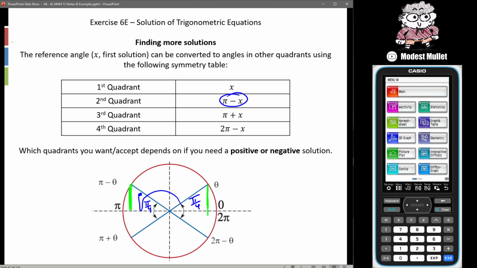We could also get that exact same vertical component by going into the third quadrant. So instead of going to the second, I could have gone all the way around to pi, and then gone another pi on 4, and that vertical component there is going to be exactly the same. The only issue with this one is it would be negative down here.